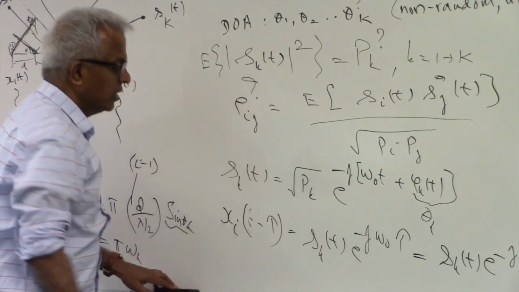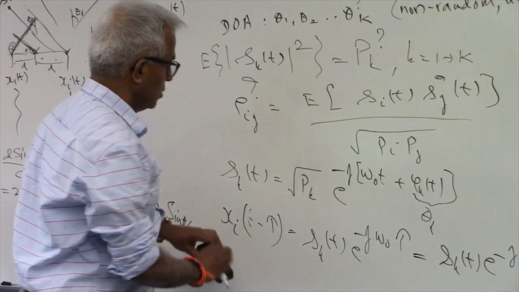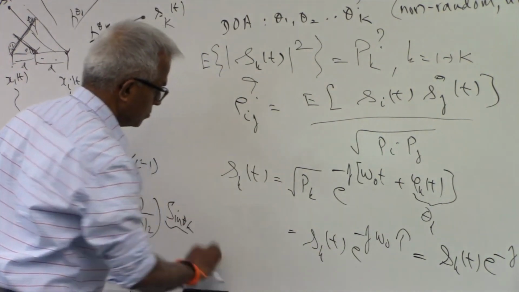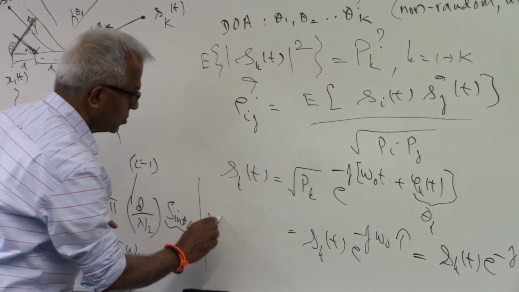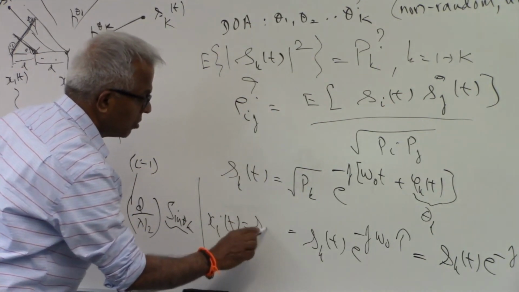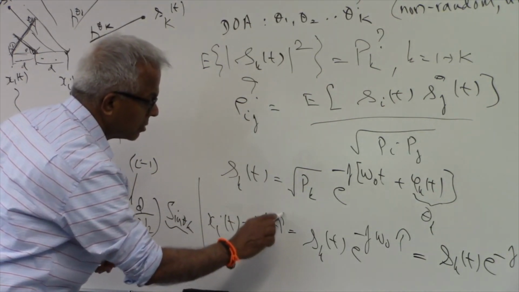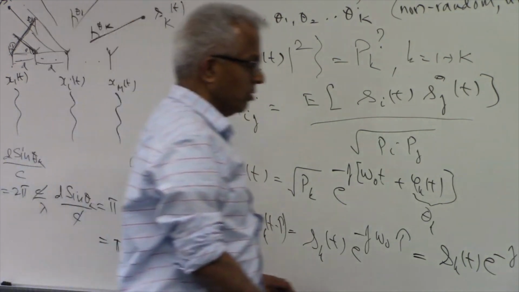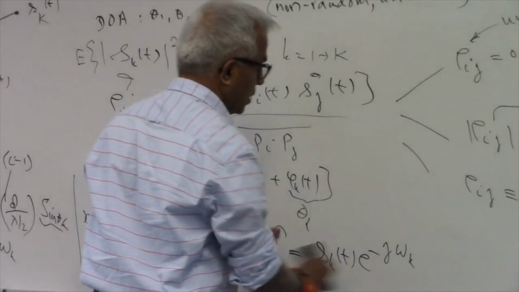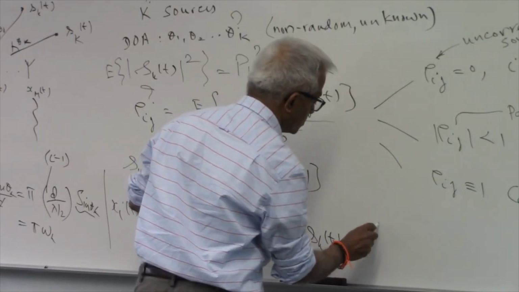The signal at the ith sensor from just a single source is going to be what we had before, and there will be an i minus 1 term here.